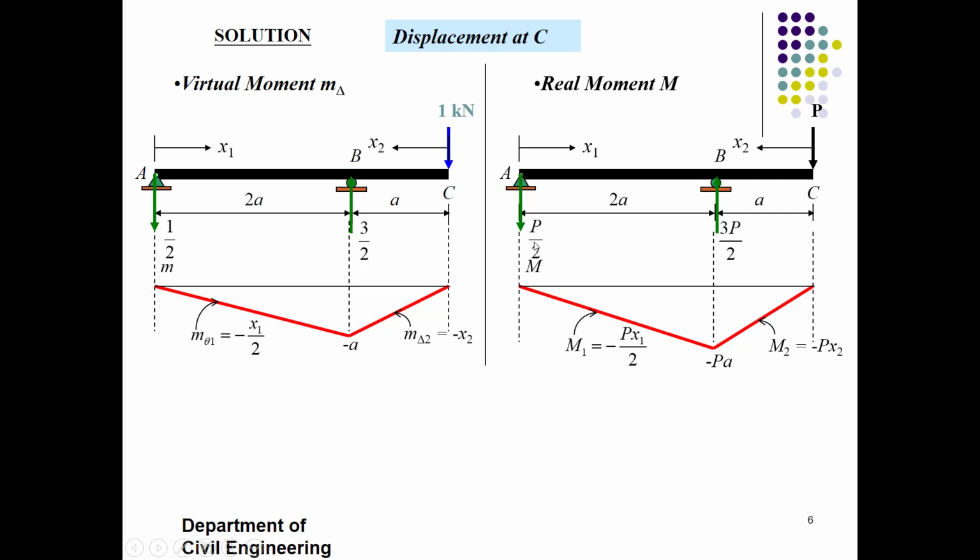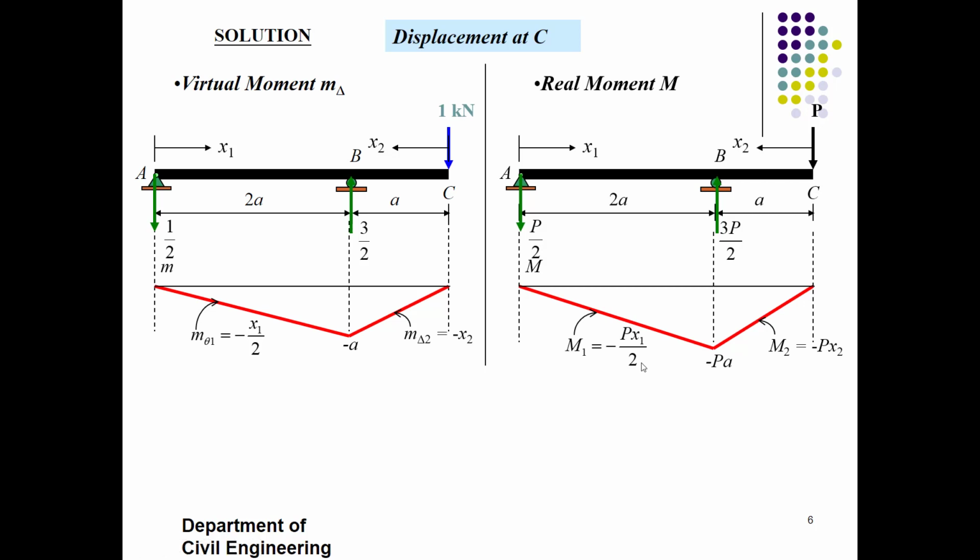The direction is counterclockwise, and the counterclockwise moment is taken as negative. Or you can use a different convention as you like, but make sure that this convention is similar throughout your calculation. So for the moment m2, it would be p into x2. It is in clockwise direction, but it is rightward of your moment section, so it is taken as negative. So the convention you define changes from left to rightward.